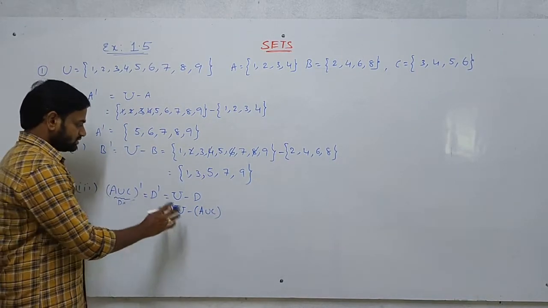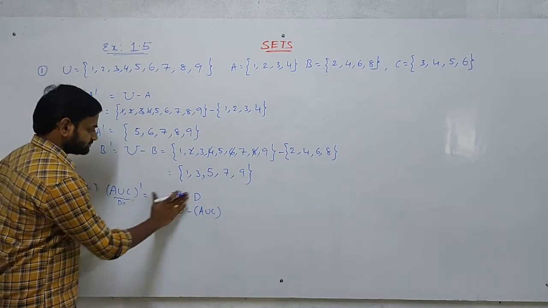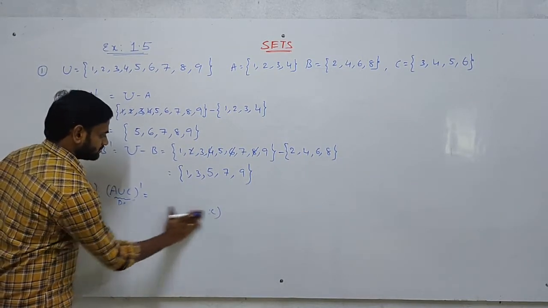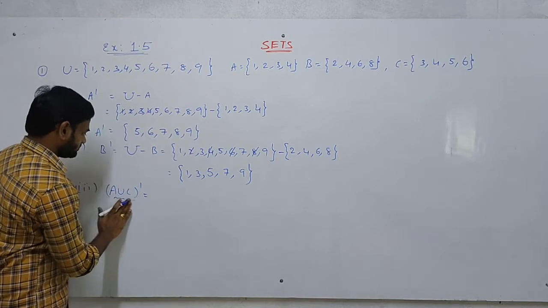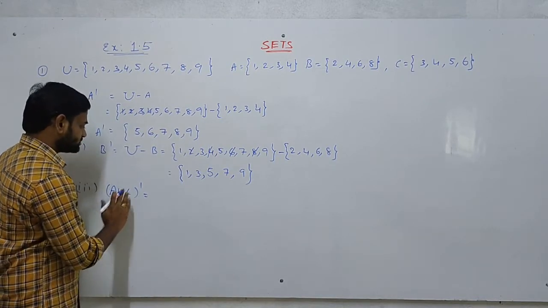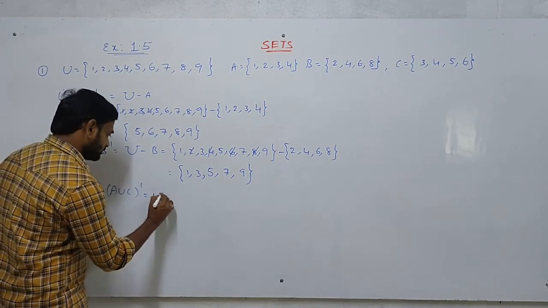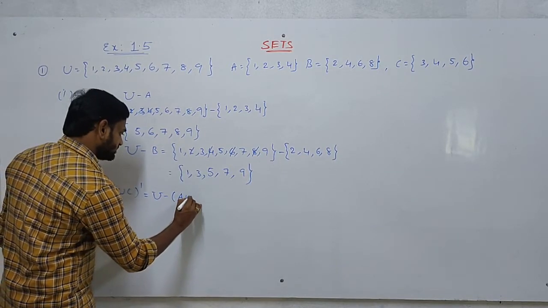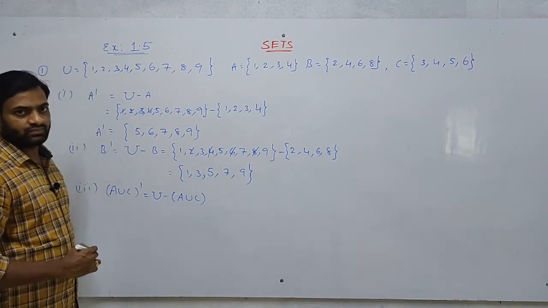Okay, so I am writing directly here. A union C whole dash means U minus A union C. Clear?